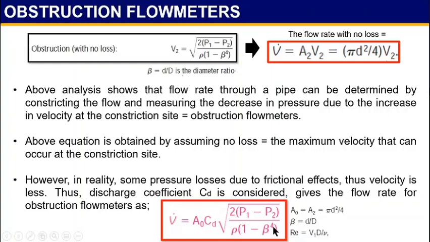So this is the equation for the obstruction flow meters. If we don't consider any frictional effects, with no loss, you can use the earlier equation. Whenever in the exam, they will state either it has loss or no loss. Alright.